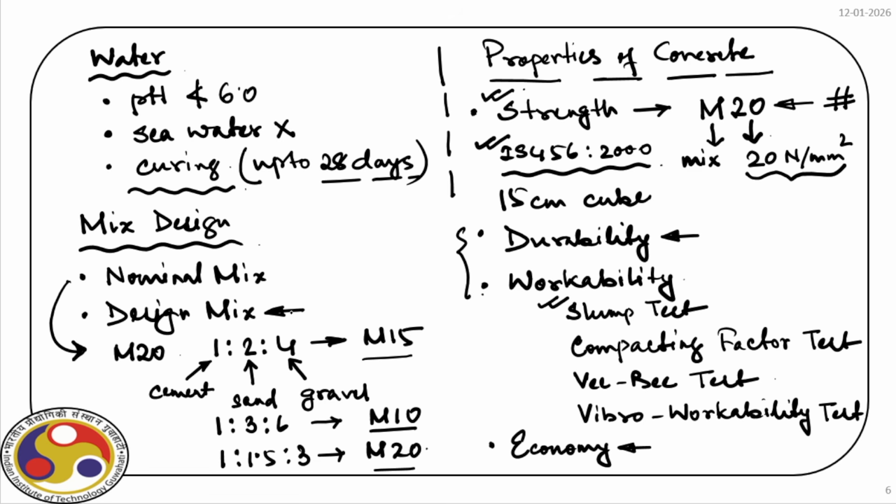For example, if you use M40 concrete, we have to design the mix proportions as per codal provisions, and the code for this purpose is IS 10262:2019.